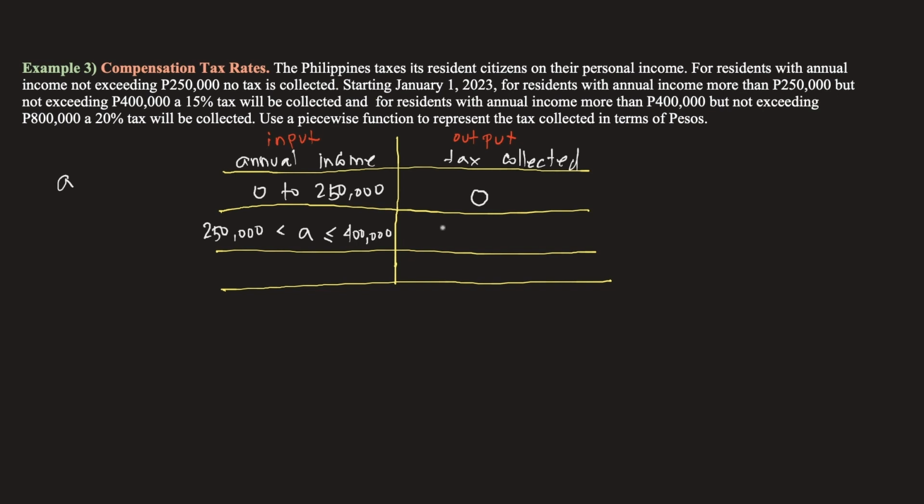A 15% tax will be collected. 15% times A, whatever that A may be.